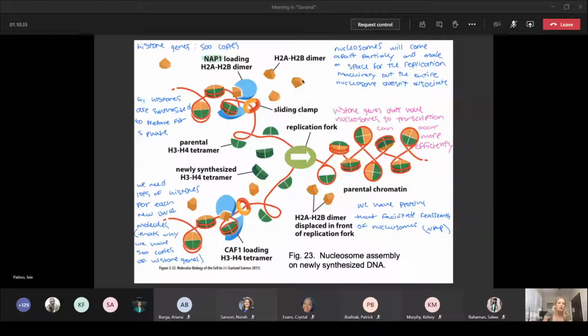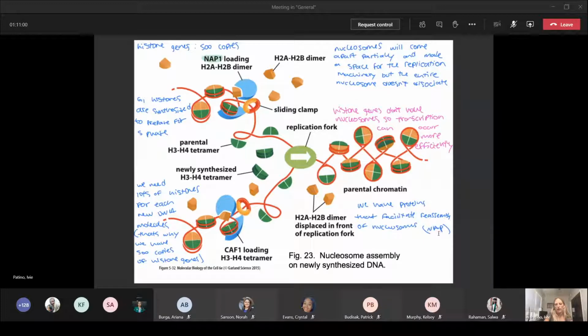So now we've figured out that we're not completely disassociating our nucleosomes when we're replicating our DNA, we don't have nucleosomes on our histone genes, and we have 500 copies of those genes. We're going to synthesize those histones in G1. Okay, now how are we going to get them on our new strand?